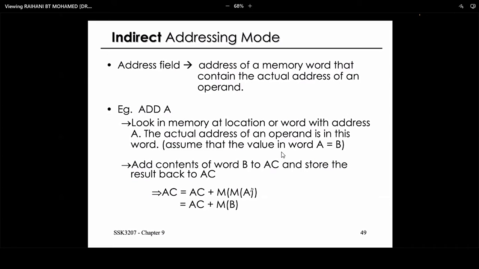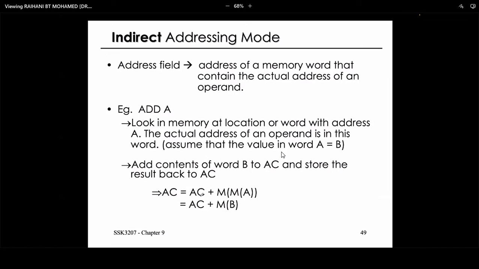For example, we have the expression add A. Look in memory at the location of the word with address A. The actual address of an operand is in this word. Assume that the value in word A equals B. Add contents of word B to AC and store the result back to AC.